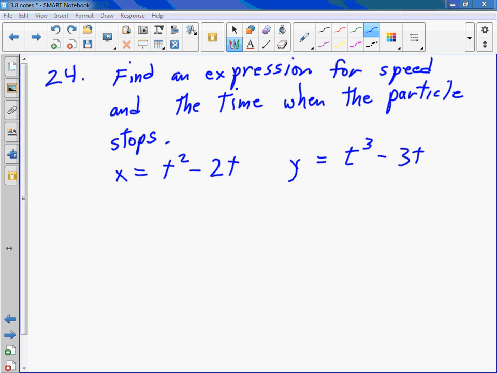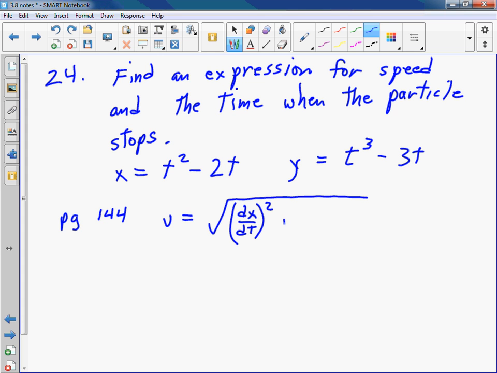So remember or look back at this time, just make sure you have it. Page 144, it says the velocity equals the square root of dx dt, which is the derivative of x with respect to t squared plus dy dt, derivative of y with respect to t, also squared, square root of all that.